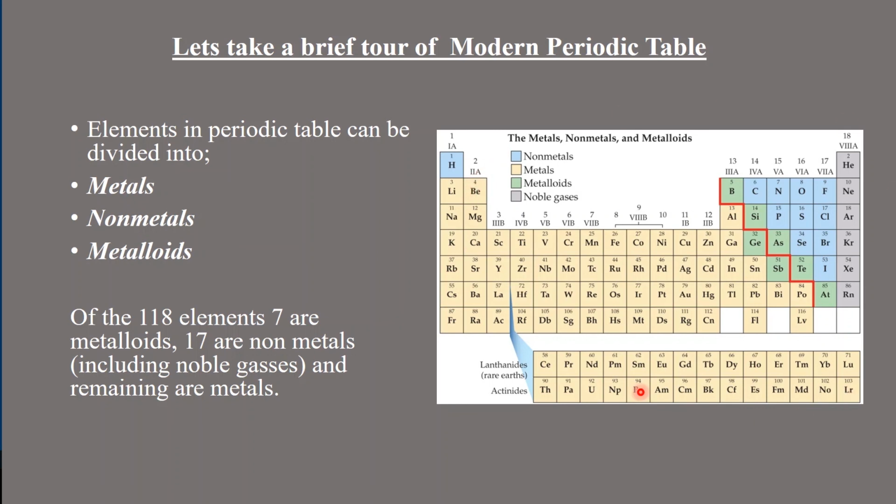Out of 118 elements, 7 elements are metalloids, 17 are nonmetals, including these noble gases, and the remaining elements are metals.